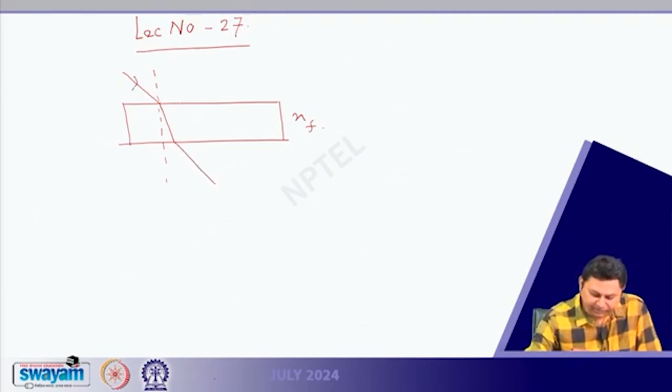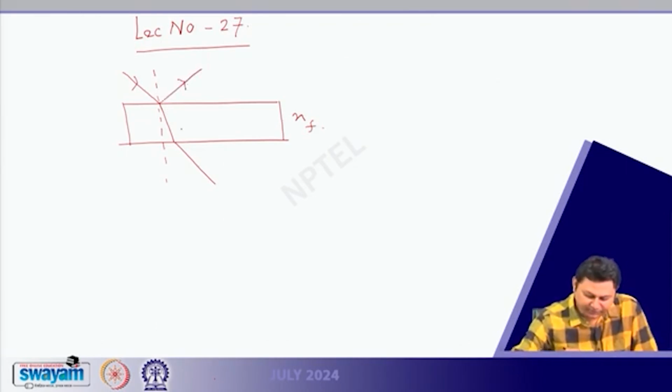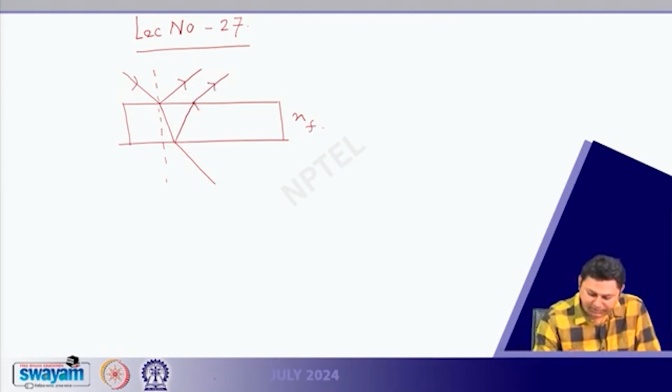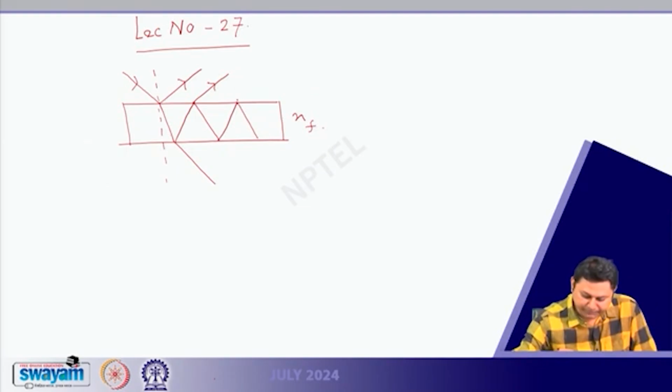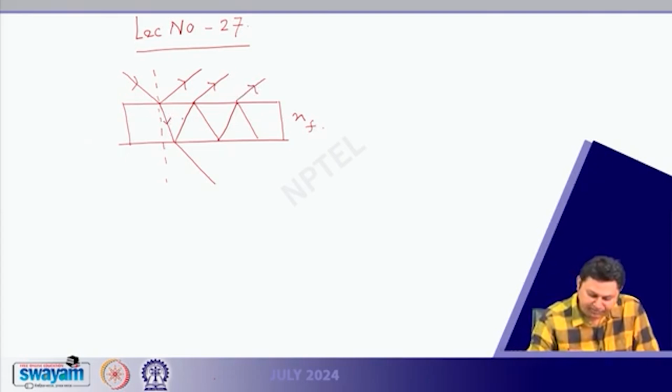From this surface we will have a reflection. From this surface also, in principle, we get a reflection, and the entire structure will be something like this. This is called multiple beam interference, because these beams will interfere with each other and there is a possibility we will get a pattern out of that.